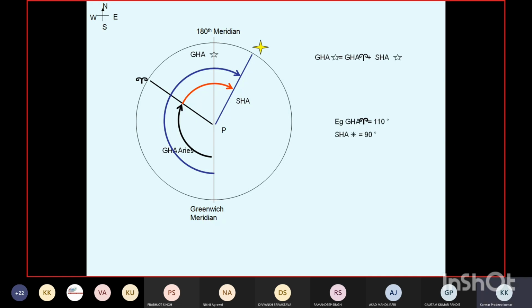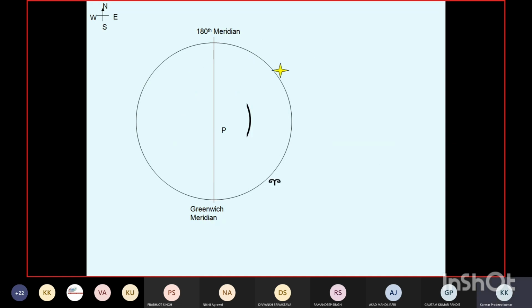So if GHA Aries is 110 degrees, as you can see from the diagram, it is a little more than 90, so 110. And SHA star is 90, then GHA star is 200 degrees, which is correct because the 180 meridian is on the opposite side and 200 degrees more. All good so far? Okay, now we have put the star before and the Aries later.